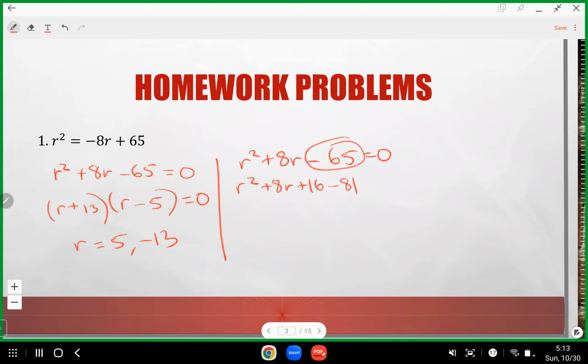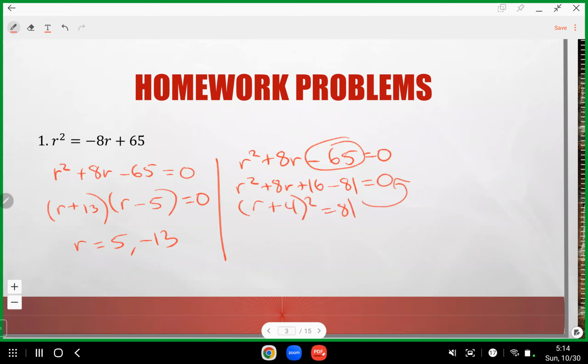Okay, let me get out my calculator to see if that's correct. Never mind, I lost my calculator. Let's just hope it's correct. Yeah, it's correct, pretty sure. So then let's move this 81 to the other side. It should be r plus 4 squared is equal to 81.